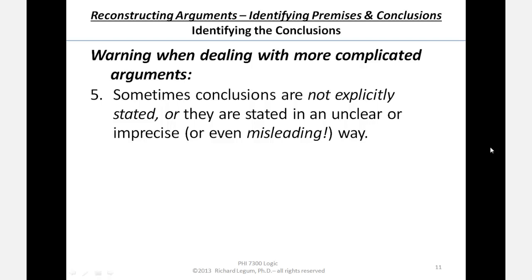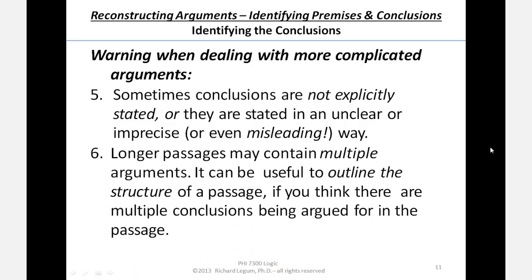And the second part of this is that sometimes conclusions are stated in an unclear, imprecise, or even a misleading way. Sometimes the person presenting the argument might even be confused about it. You should try to help them out. But we really keep that in mind when we get to more complicated arguments.